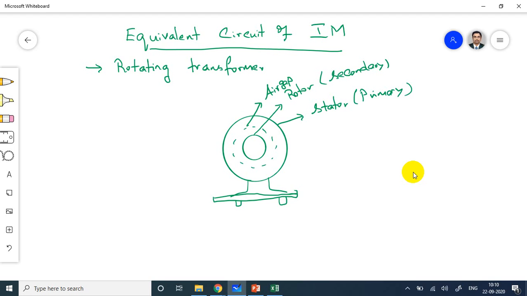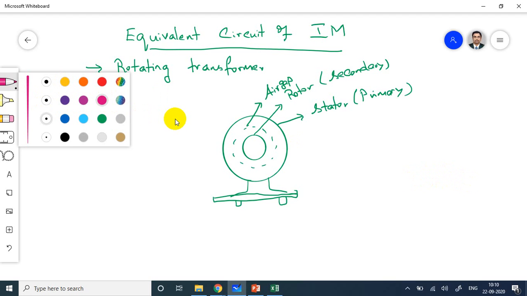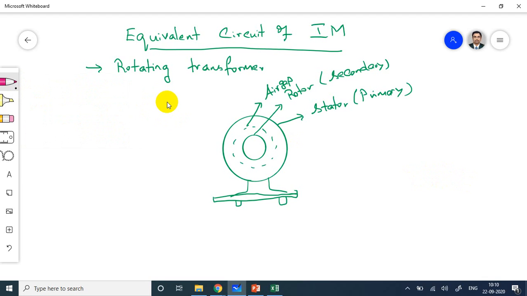In the primary winding I am drawing the resistor and inductor, connected only in the stator.